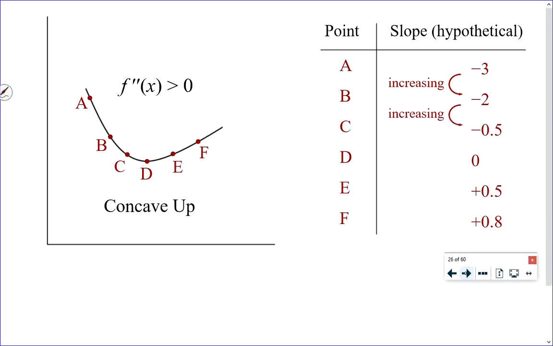From -2 to -0.5 is an increase. That's an increase. These are all increases. So as long as the curve has this shape, a shape that if you put it out in the rain, it would fill up with water, it's called concave up, and it's because the second derivative is positive. Does anybody have any questions with that page that you're looking at right now?